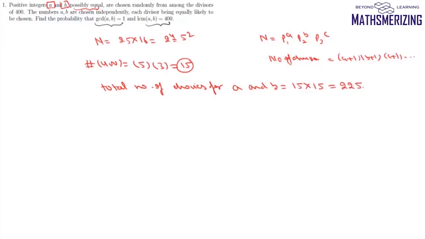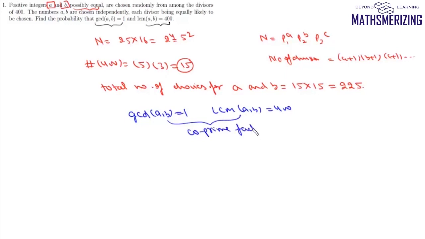Now we need to find the probability that these numbers are chosen such that their GCD is 1. That means there is nothing common between a and b, and the LCM of a and b is 400. This simply means that a and b are coprime factors of this number n. So we are looking for coprime factors. Now how do we split 400, which is 2 to the power 4 into 5 square, into two coprime factors?